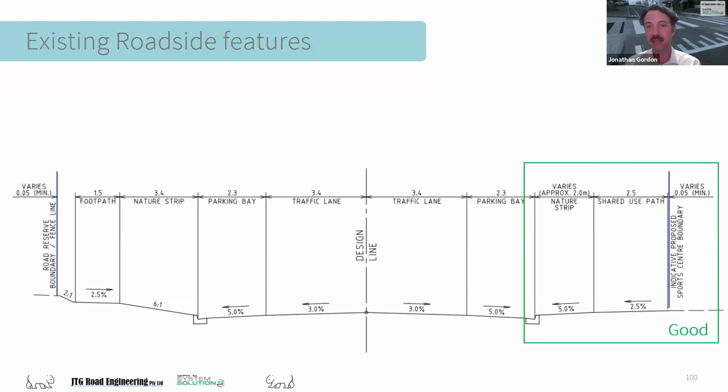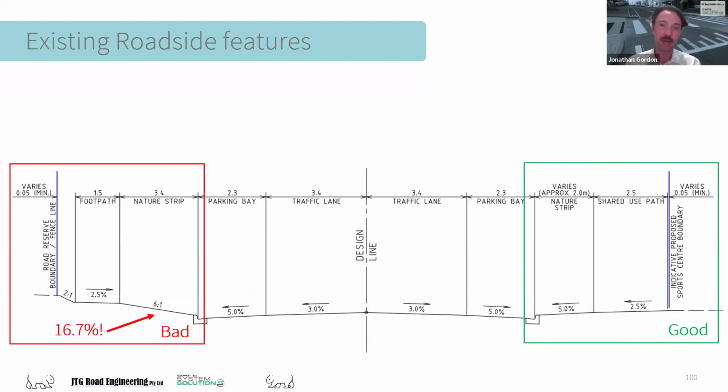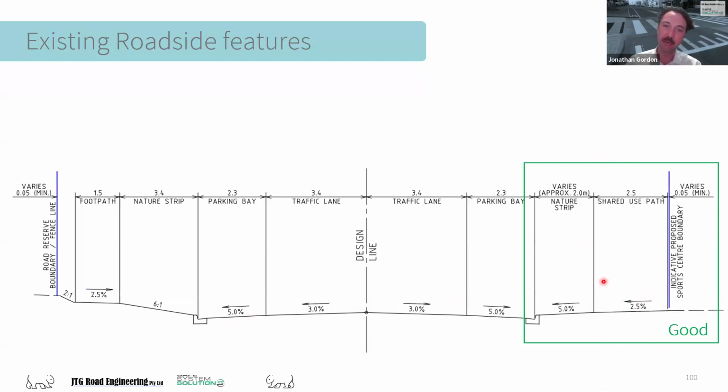So this is another key part of validating our site, as I said earlier, and we're not limited to our road surface itself. So here we've got our good example. We've got 5% crossfall for our roadside nature strip and a shared use path. And this side we've got a 6-to-1, the very common roadside batter slope used all throughout Australia.